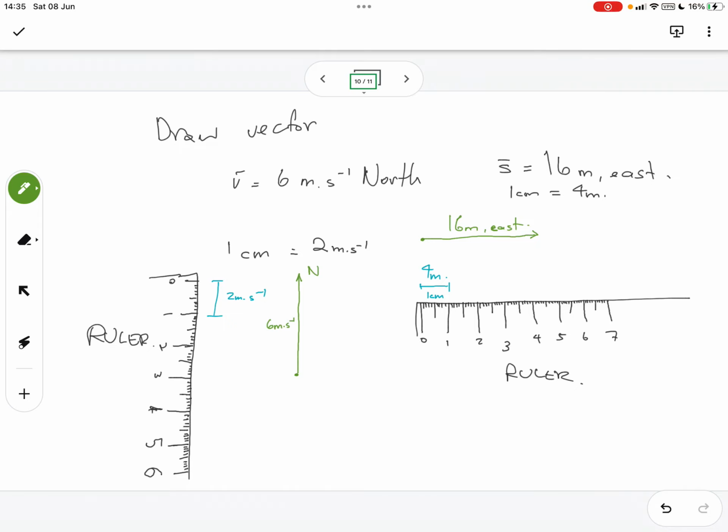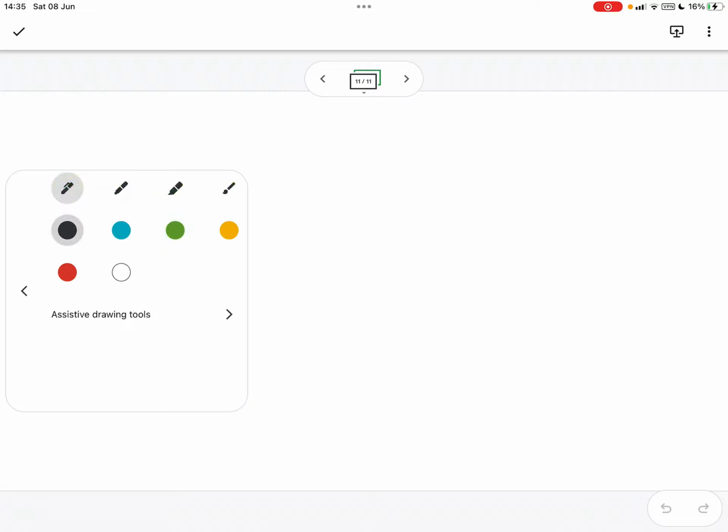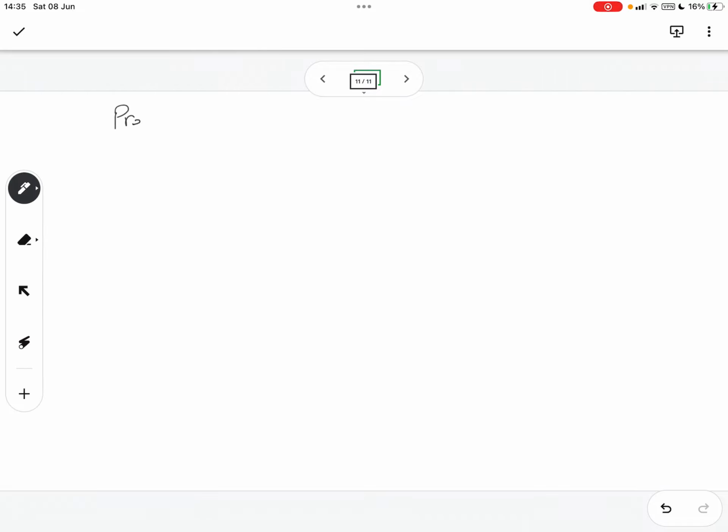Should be 4, right? So move all the way to 4. So that would be 16 meters east. And that's the distance here, 4 centimeters, because 4 centimeters times 4 meters would be 16. So that's how we draw our vectors.